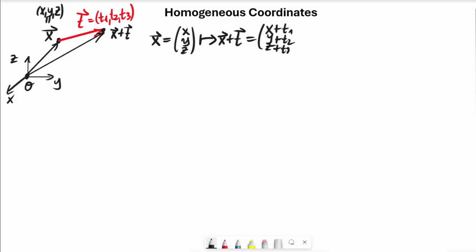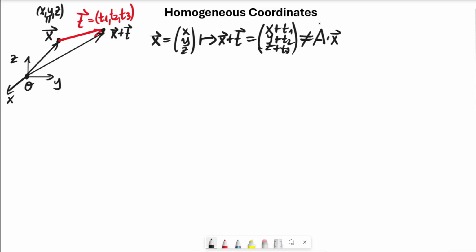It's just vector addition here. In order to come to this point, you go first to X and then plus t, normal vector addition. And this is not a linear mapping, so it cannot be represented as a matrix A times the original vector X.